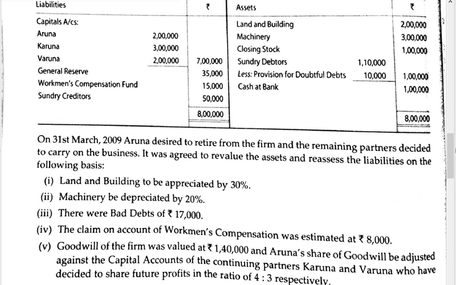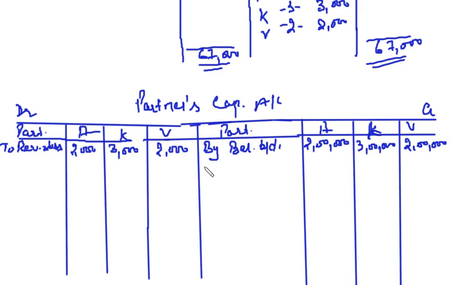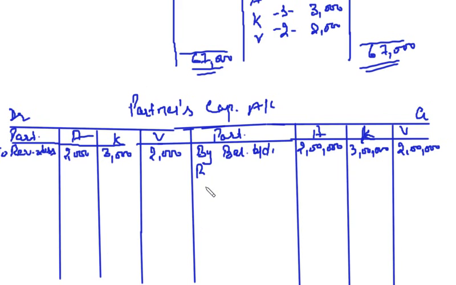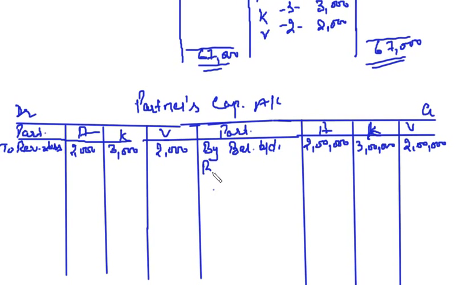Clear, friends? So, we will say by workmen compensation reserve. So what is the amount? 7,000. 7,000 to be distributed in the old ratio among the old partners. So this will come to 2,000, 3,000 and 2,000. Right? Because the old ratio is 2:3:2.